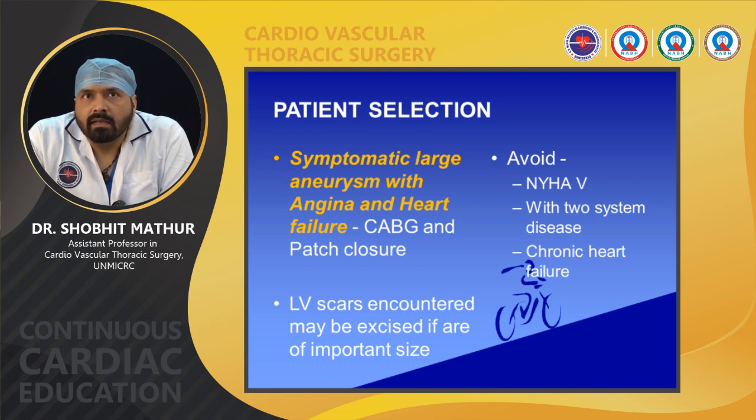The surgery has to be CABG and patch closure. We must try to avoid patients in advanced NYHA grades of heart failure, with two-system disease and chronic failure, because they are ideal candidates for transplants. LV scars encountered during routine CABGs may be excised and wall reconstruction can be done if they are of large size.